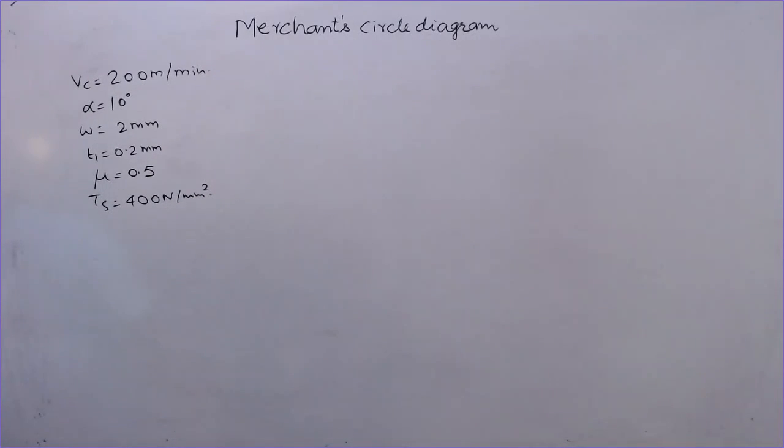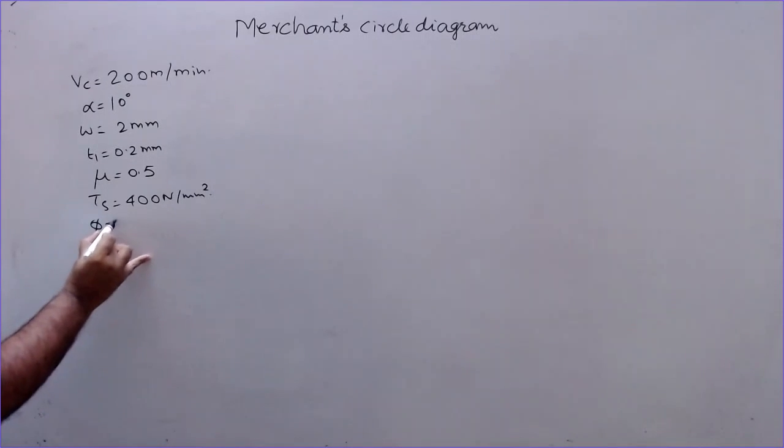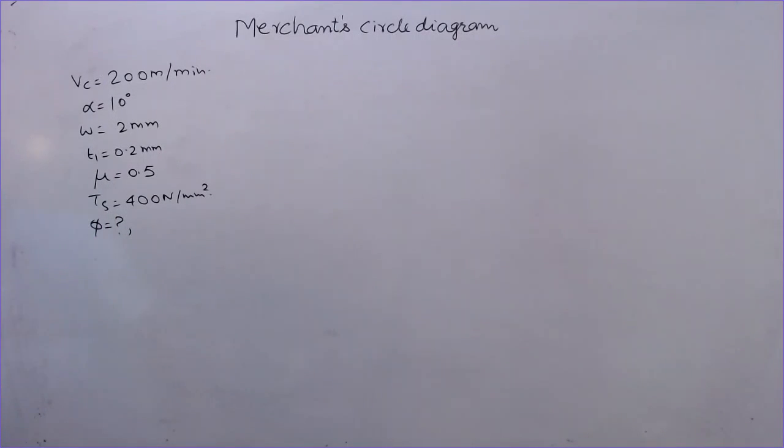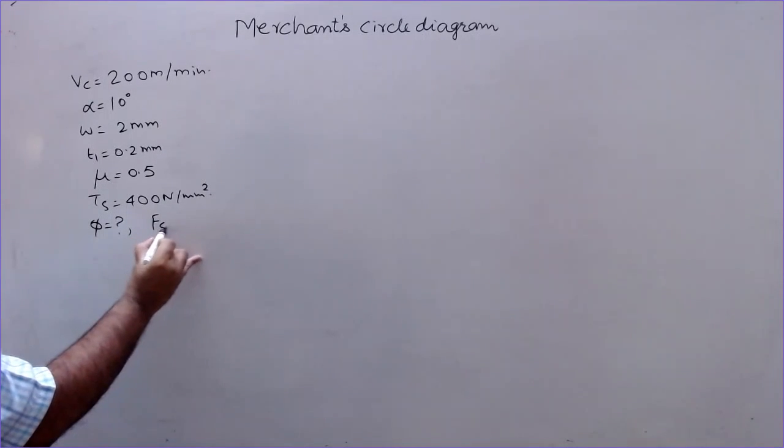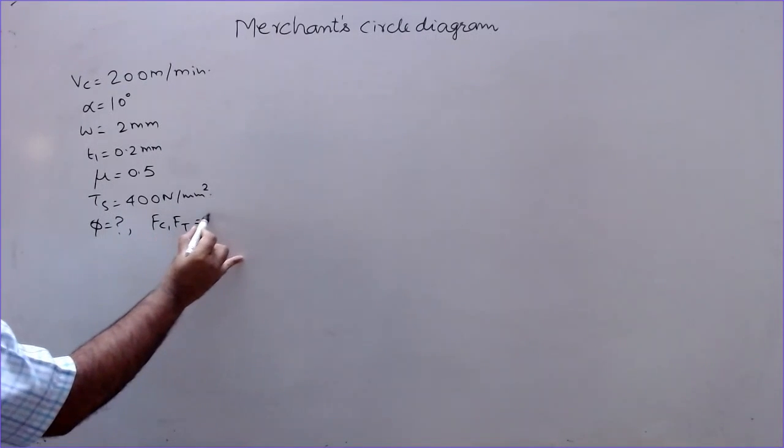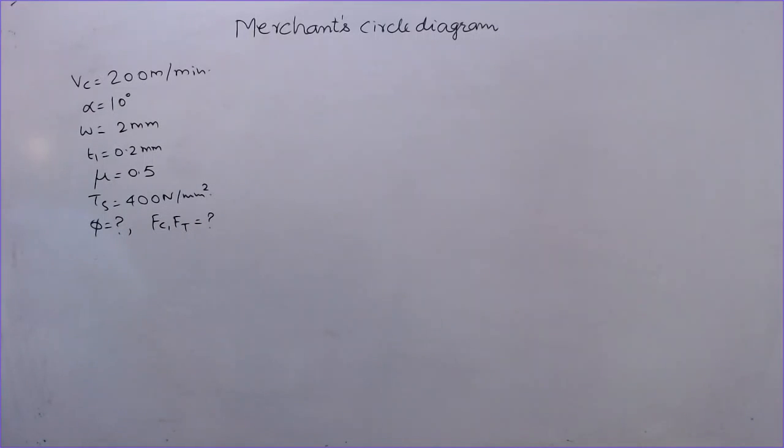You have to find the shear angle, then the cutting and thrust component of the machining forces, Fc, Ft. So these three things you have to find, and here you can use the merchant's solution. Merchant's first theory you can use, it is given in the question.